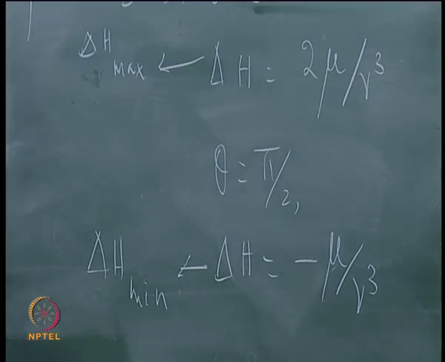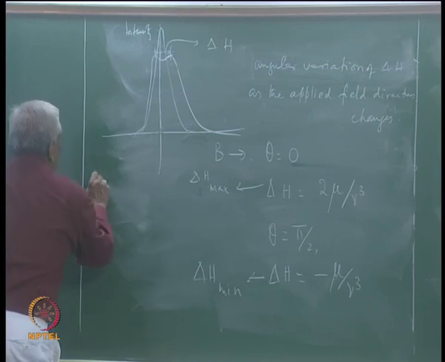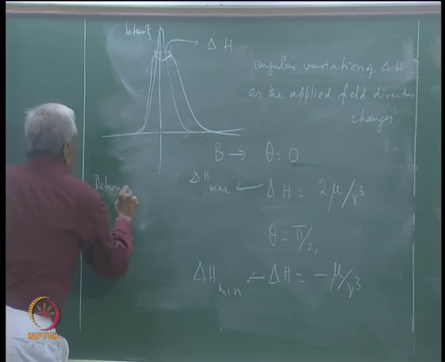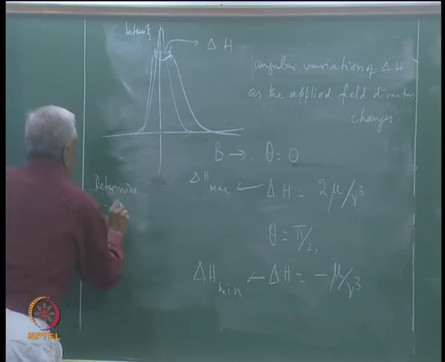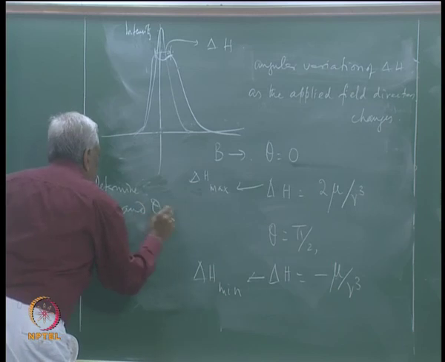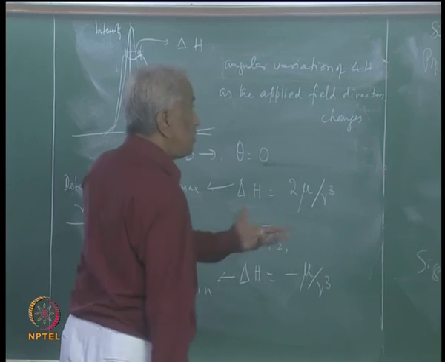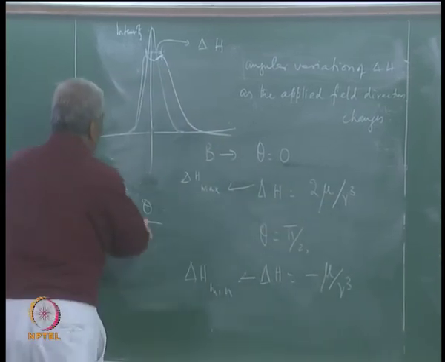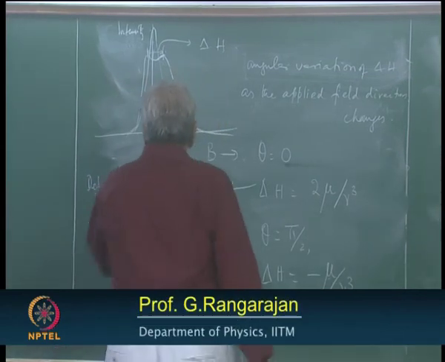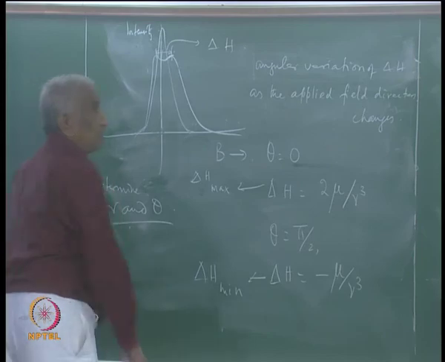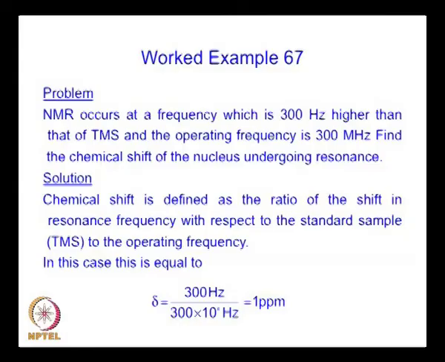One can determine these two, and from a knowledge of these one can find r and theta from the angular variation. So, we know the distance between the two protons and the orientation of the interproton vector in the water molecule. This is the information that one can get from the dipolar splitting.